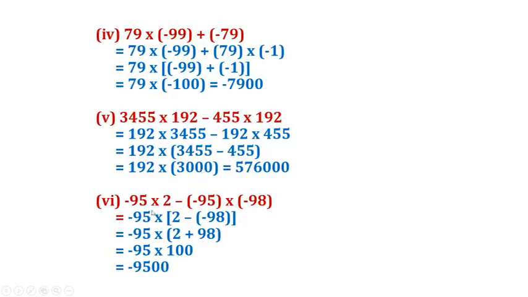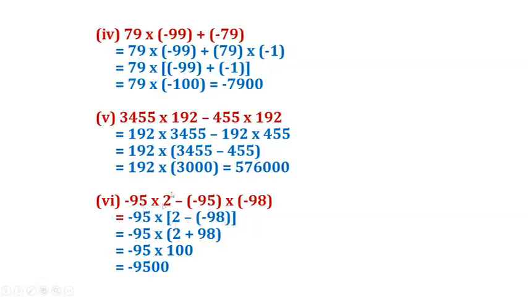So next, going to the sixth one: minus 95 into 2 minus of minus 95 into minus 98. Again it is a into b minus a into c form, which is the distributive property of multiplication over subtraction. So here we can write it as a into b minus c. What is a here?